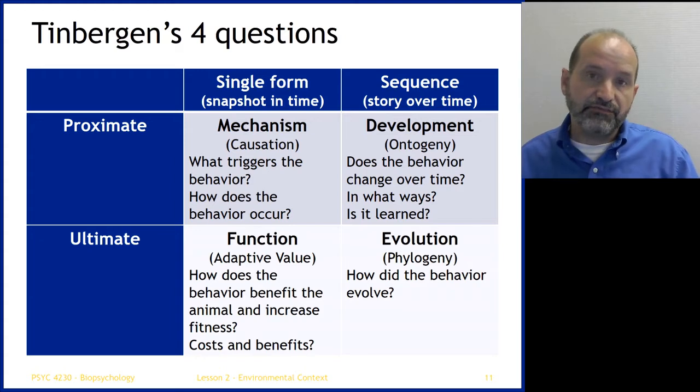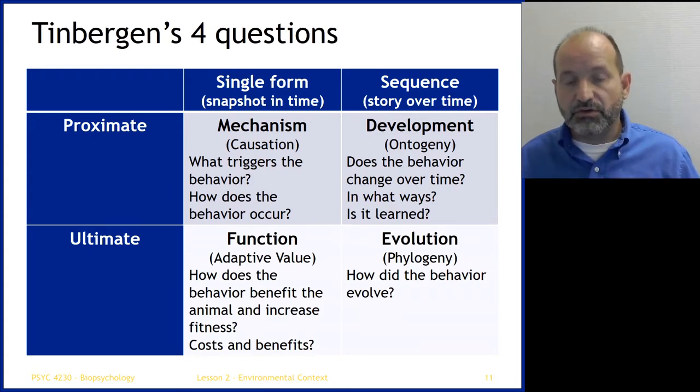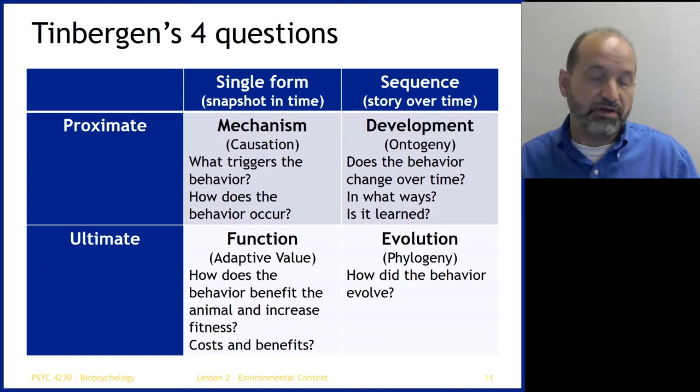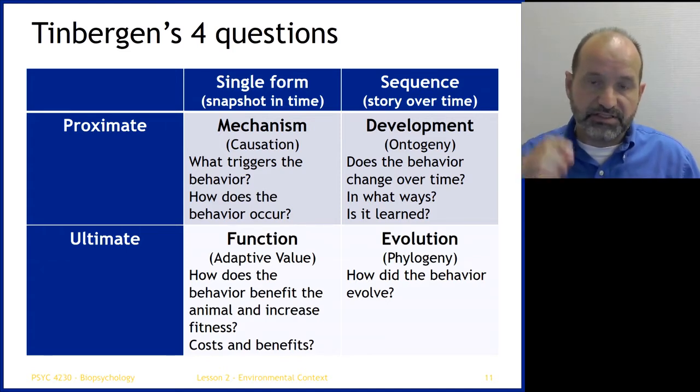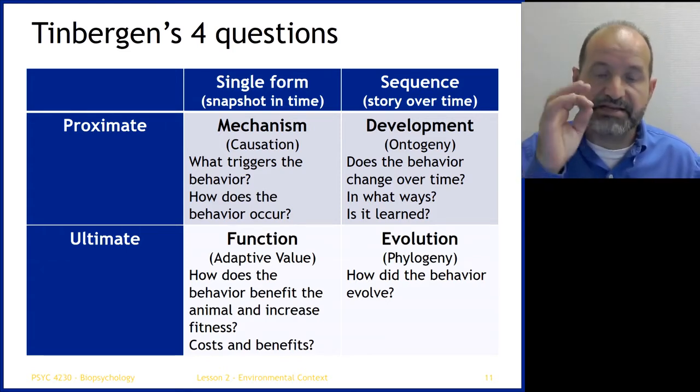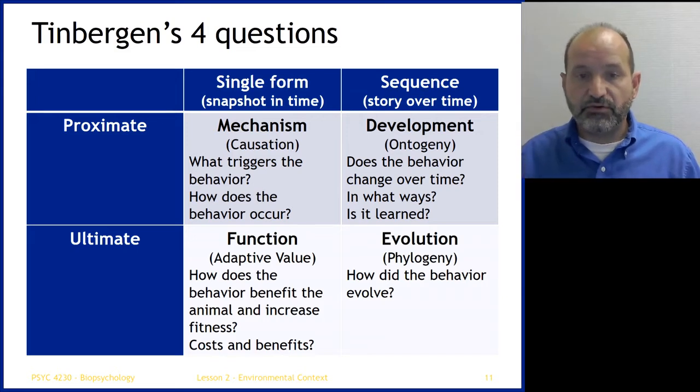So let's look at the first cell here, the idea of a mechanism. When we are asking a question about a behavior, what triggers the behavior in the short term? What is the proximate cause for this behavior right now? Loud noise, boom, that was the stimulus.